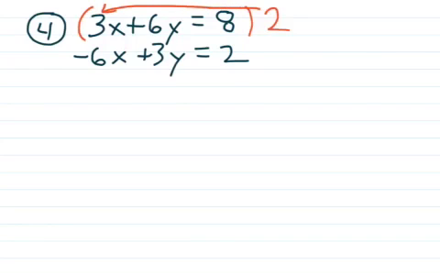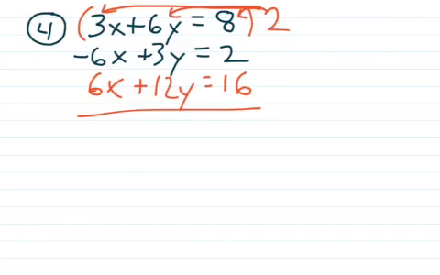So I know 2 times 3 is 6x. 2 times 6y is 12y. And 2 times 8 is 16. So why did I multiply by 2? Well, notice right here, by multiplying by 2, I now have a 0.